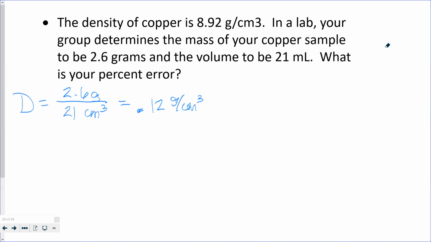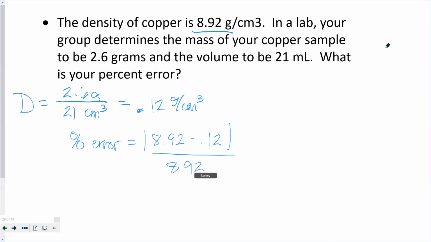But to find the percent error, we said we have to do the accepted value, which is the measured density of copper on your reference sheet. So that's the 8.92 minus the experimental value, the 0.12, divided by the accepted value, that 8.92, times 100 to make it a percentage.